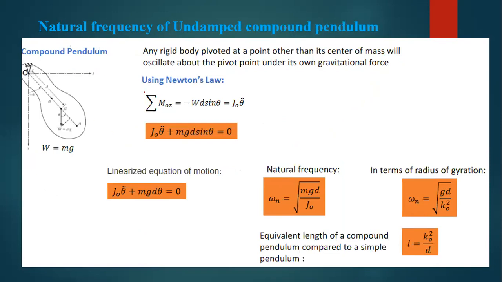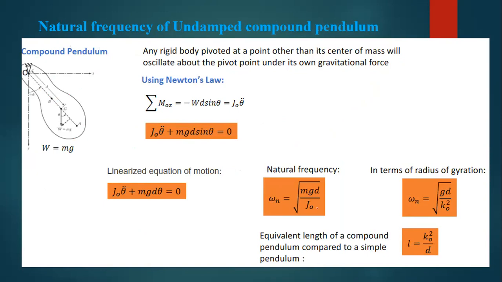Again, for the compound pendulum, we can find this in the book Mechanical Vibrations by S.S. Rao. For the compound pendulum, this is the linearized equation of motion, and the natural frequency is the square root of mgd over J naught.